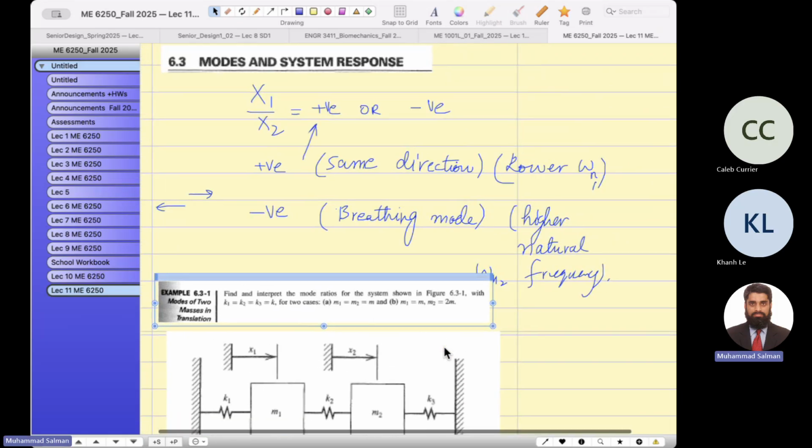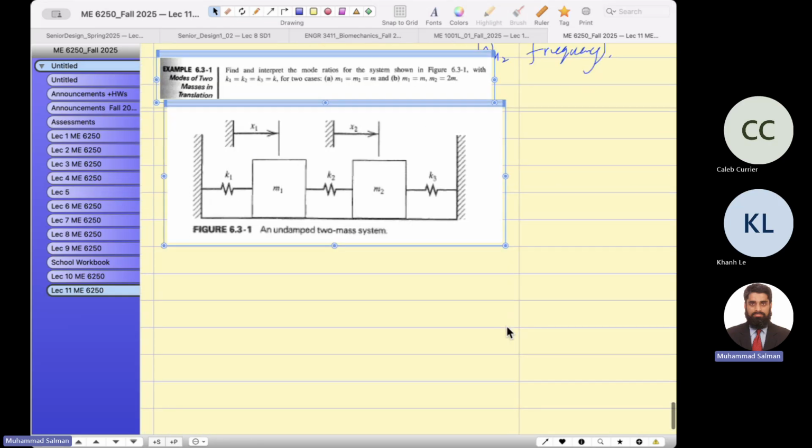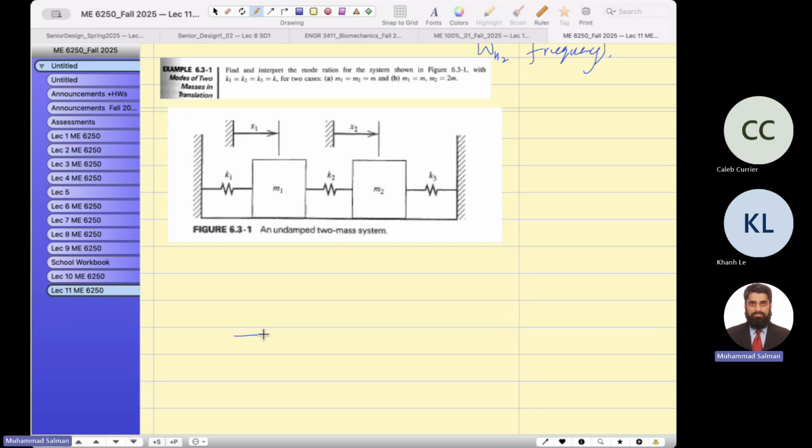You have understood what a mode ratio is: the displacement ratio of each individual mass. So in the end you will draw it like this. Let me show you over here. You will draw a line, and on the line, the displacement, for example x1 has a displacement a1, and x2 has a displacement a2.